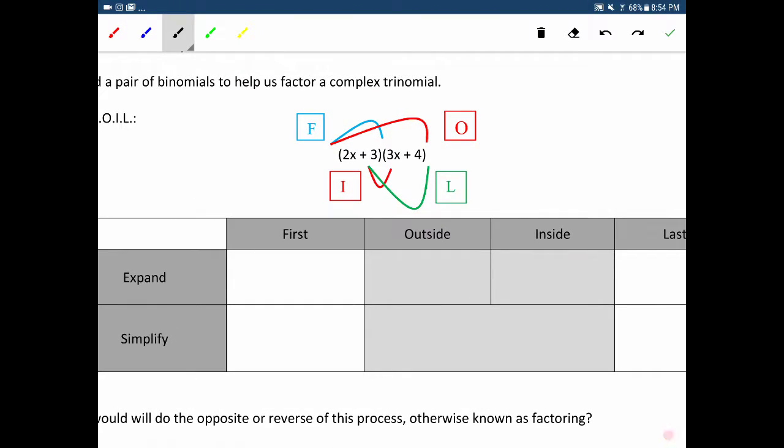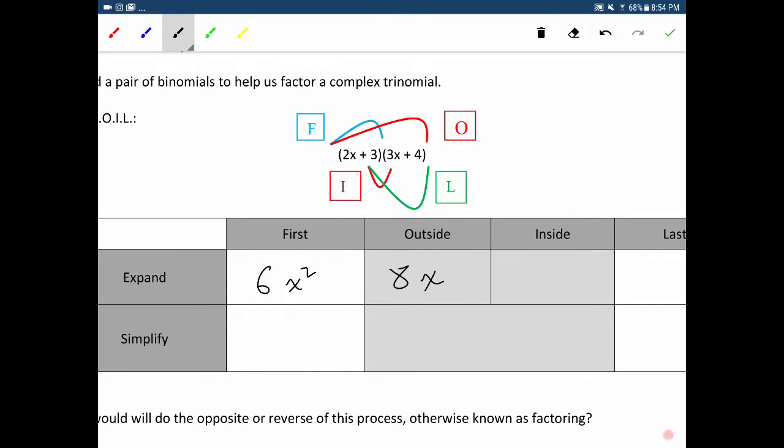Because the problem is we could have an equation like this: 2x plus 3 times 3x plus 4. So if we use FOIL, then 2x times 3x is going to give us 6x squared. Then when we have 2x times 4, we get 8x.